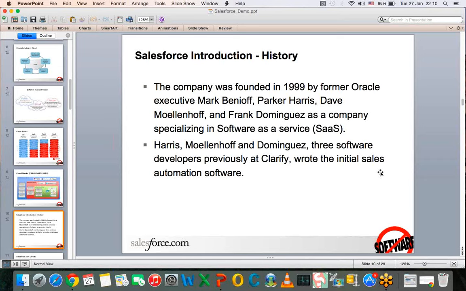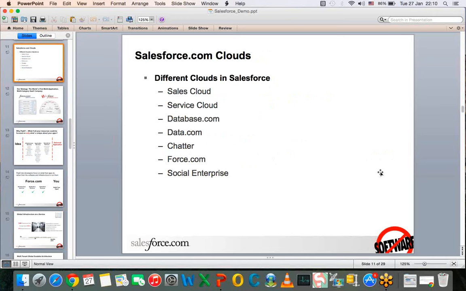Going to the next slide, which tells you what the different clouds available in Salesforce are: Sales Cloud, Service Cloud, Database.com, Data.com, Chatter, Force.com, and Social Enterprise. These are the different clouds currently available for Salesforce. When it comes to Sales Cloud, you will have all the sales related applications there. When you log into your Force.com account using your developer license, you would be able to see all of these in one platform, but they are distributed through different clouds.